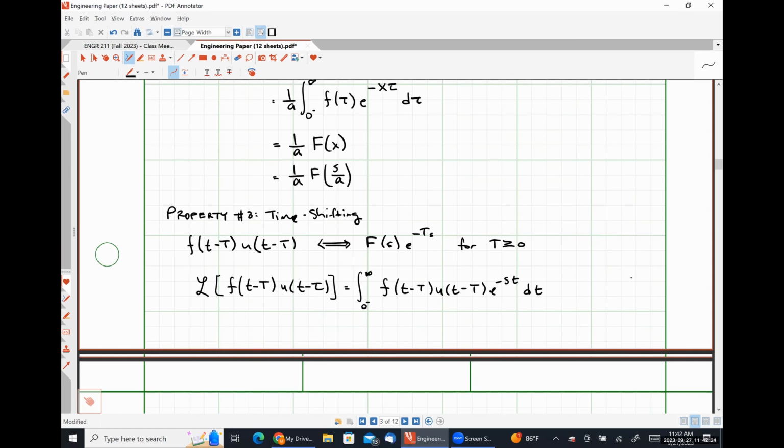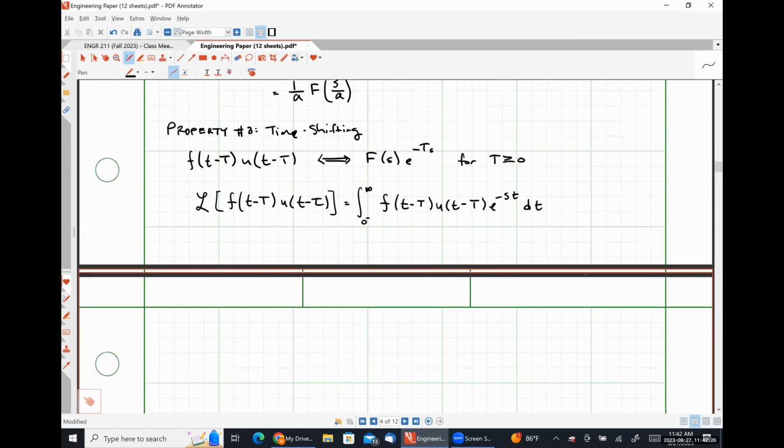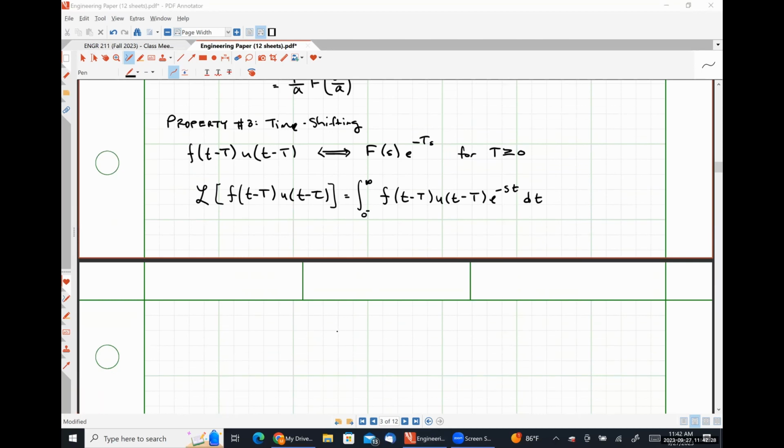So this equals the integral from capital T to infinity, right? Just like we dealt with the ramp function, everything up until we hit time capital T is going to be 0 multiplying by this function.